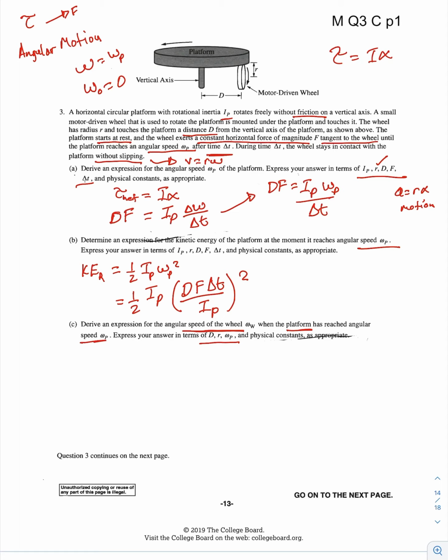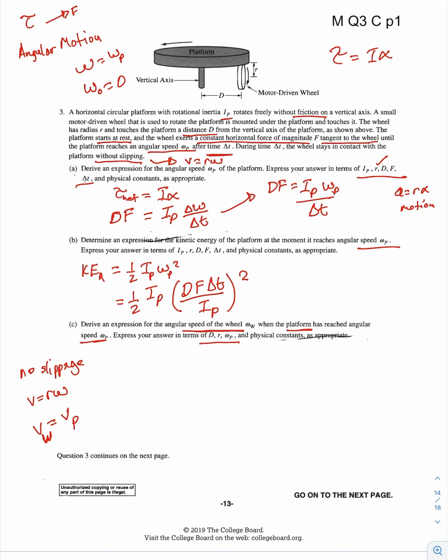If two things are in contact, and they're driving each other, and there's no slippage, what no slippage means, hopefully I spelled slippage correctly, is that if there's no slippage, v equals r omega, true. But if you're driving each other, they're in contact, then the only way something could not slip is that the speeds, in this case the speed of the wheel and the speed of the platform, must be equal. So what's the speed of the wheel?